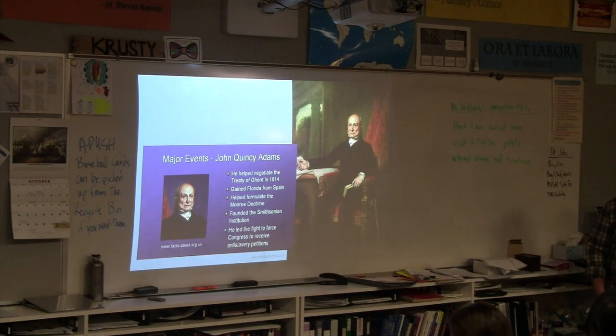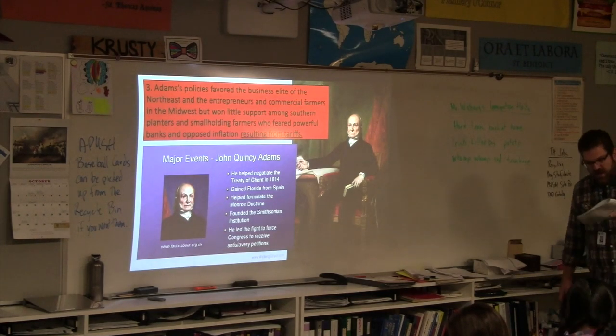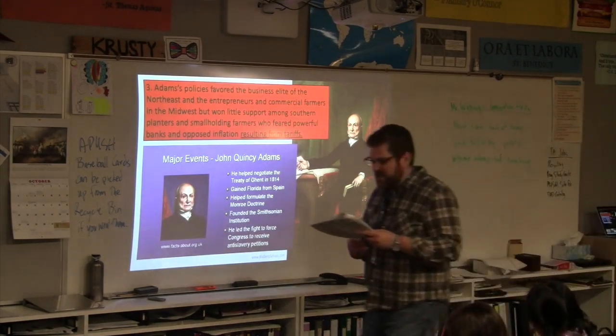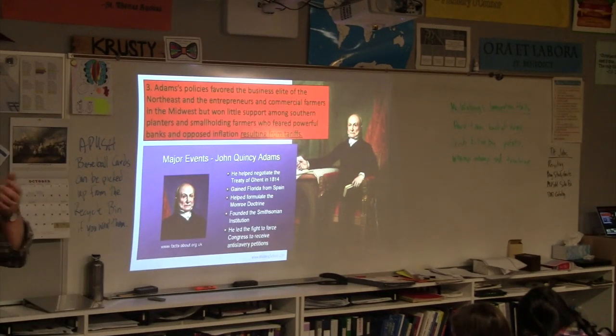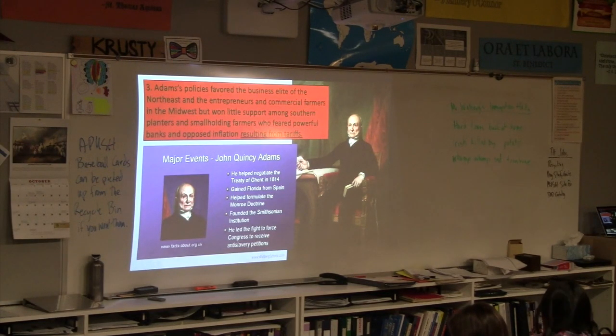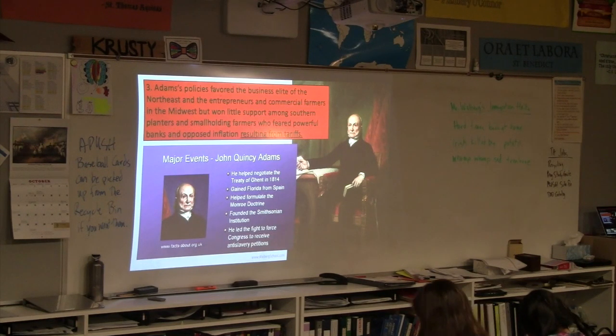John Quincy Adams embraced the American system: protective tariffs, federally subsidized transportation improvements, and the national bank. But his policies tended to favor the business elites of the Northeast and the entrepreneurs and commercial farmers of the Midwest. But the Southerners kind of felt like, John Quincy Adams is not one of our people.